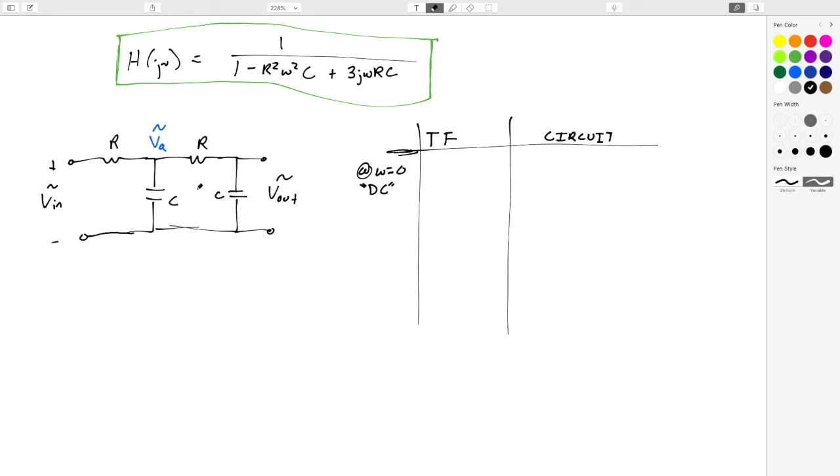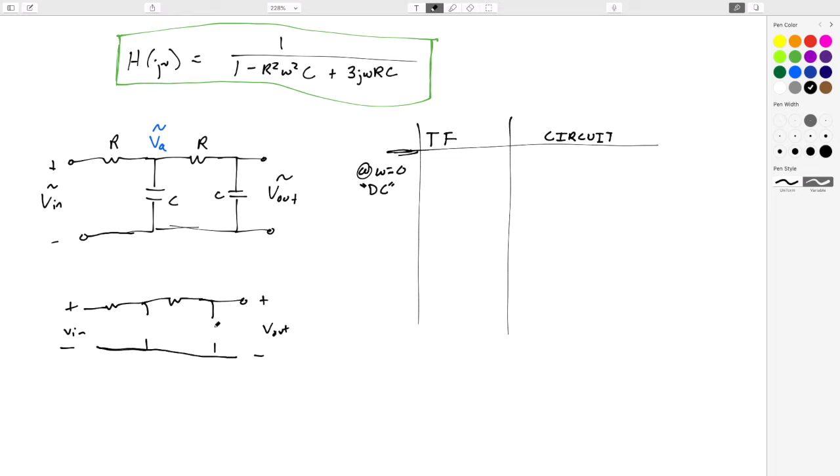So with the circuit, just to start with that real quick, we know at DC capacitors act as opens, right? So V out should just be V in. Because this is going to look just like, if I draw it out real quickly, a resistor, an open, a resistor, an open. And sure, there's the wire down here, but basically this is just a wire going to here.